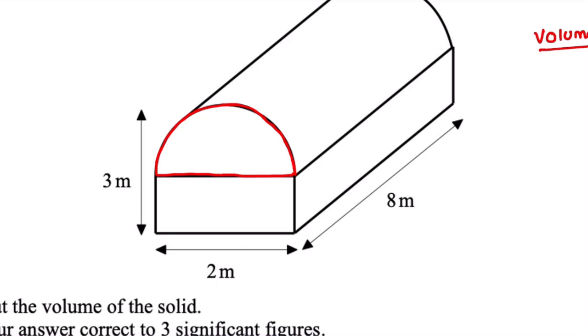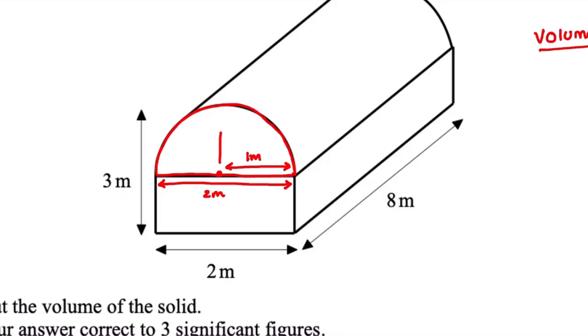We know that this distance is 2 meters, so the radius is going to be half of that distance. So it's going to be 1 meter, and it's going to be that size in all directions.